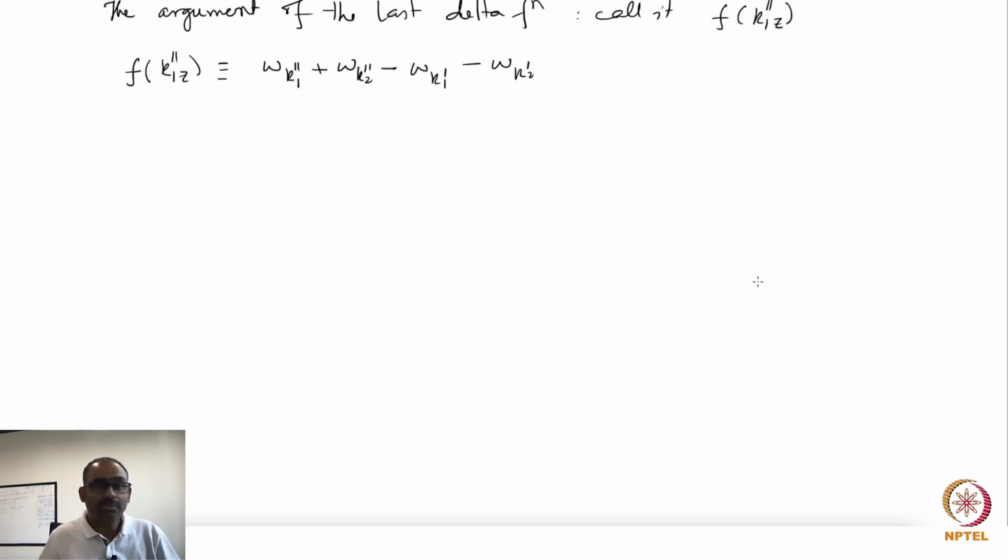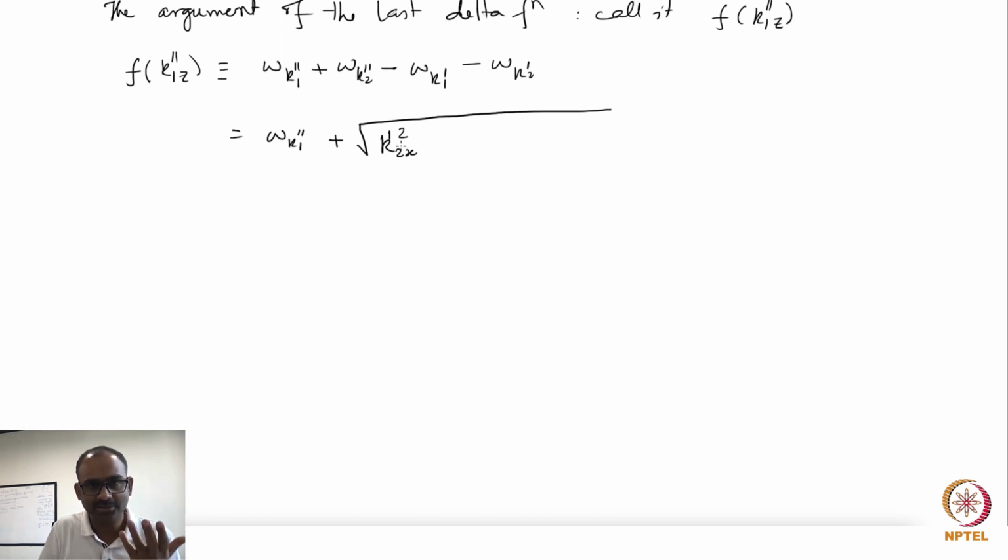Now, because we are going to manipulate these delta functions, in this delta function I will take a derivative of f with respect to k1 double prime to find out the Jacobian. Now, this is omega k1 double prime plus omega k2 double prime, which I can write as the x component k2 prime squared, because the x component of k2 double prime is the same as the x component of k2 prime.